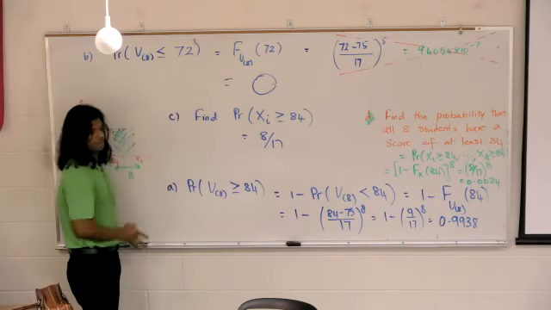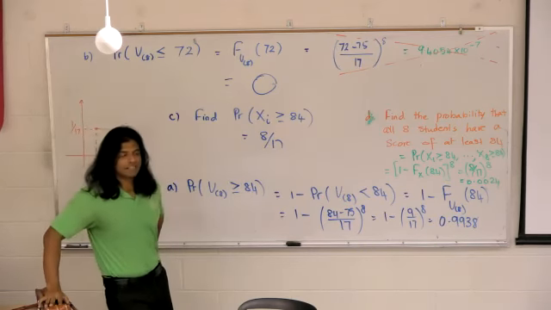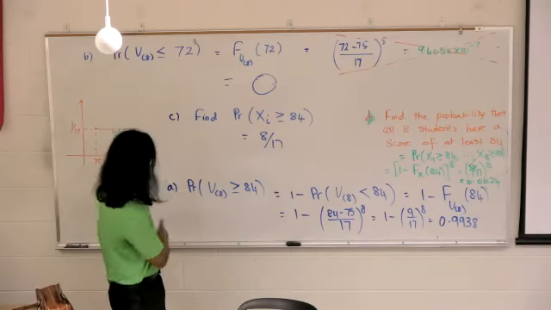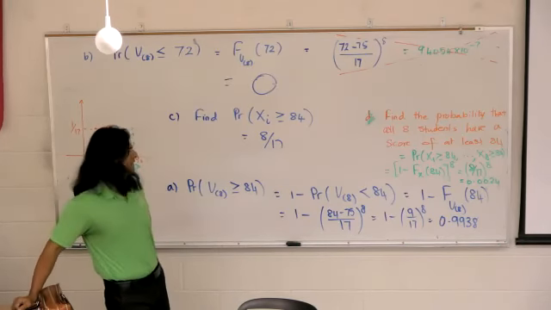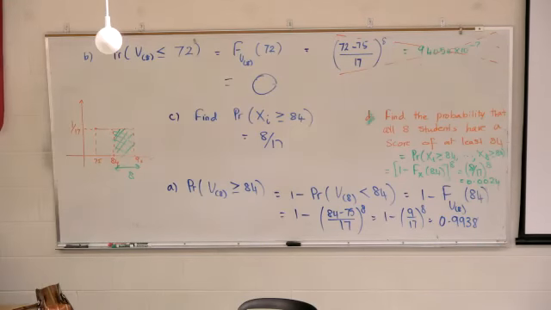In this part, we're saying in this arbitrary class, what are the chances that the maximum score out of those 8 people would be at least 84? It has to be 99%, 99.38%. Good. Do you see the difference?